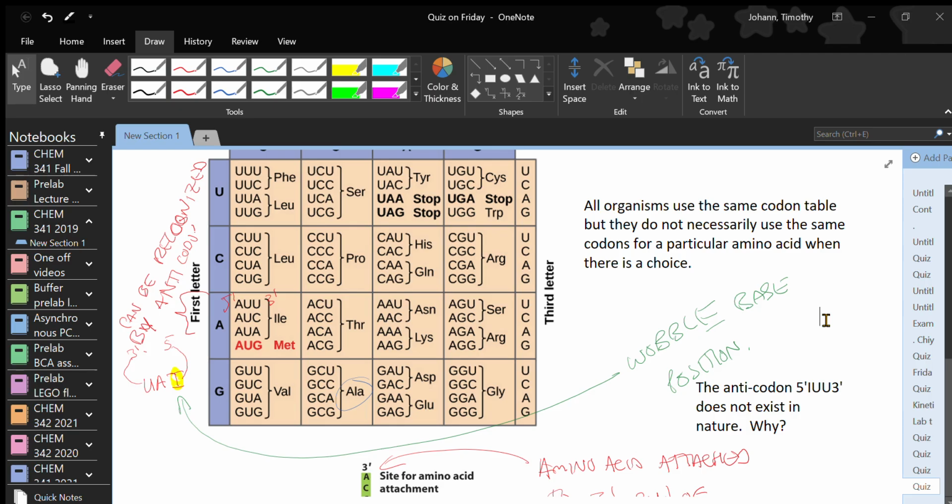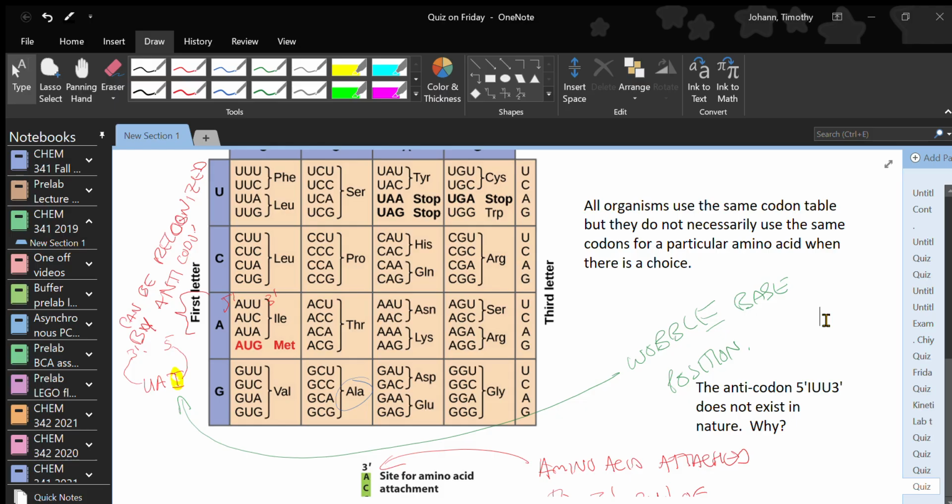So is that why it doesn't exist in nature? Because if you had I first, then you would have too much variability in what amino acid you would use. Yes, but be more specific than that. Be really specific with the table. I don't think I messed this up. You could have a start or a stop.